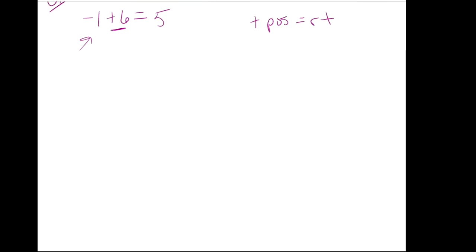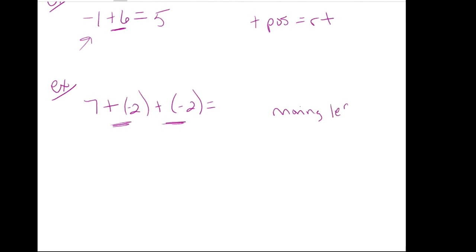All right, let's do another. What if I had 7 plus negative 2 plus negative 2? Notice in both of these cases, I'm adding a negative, which means I'm going to be moving left.